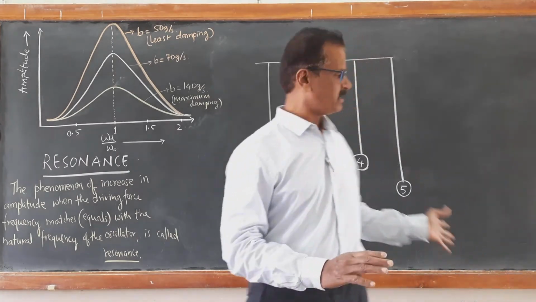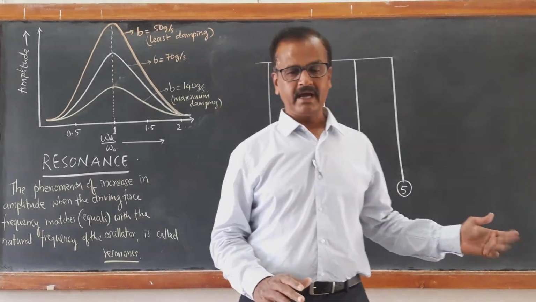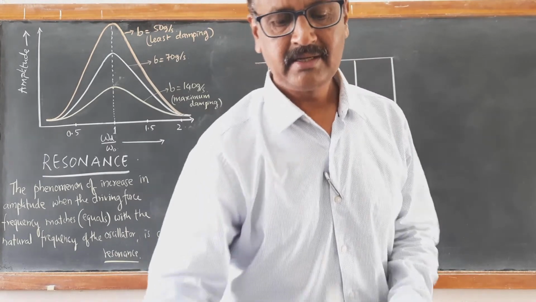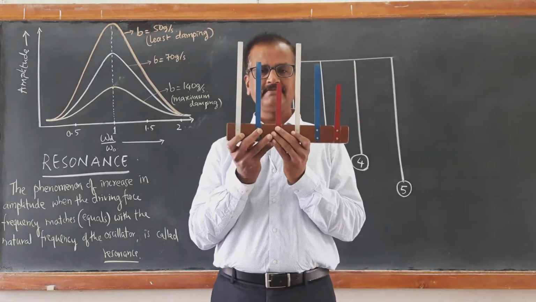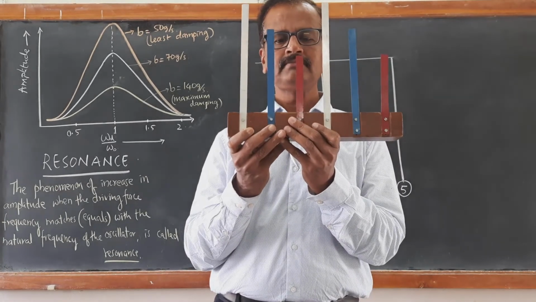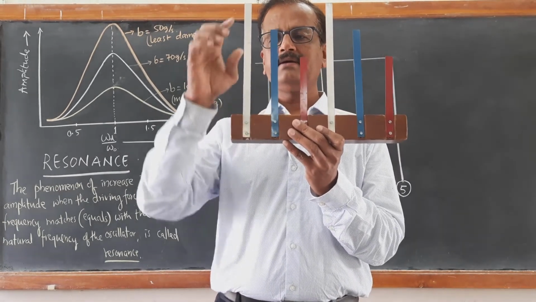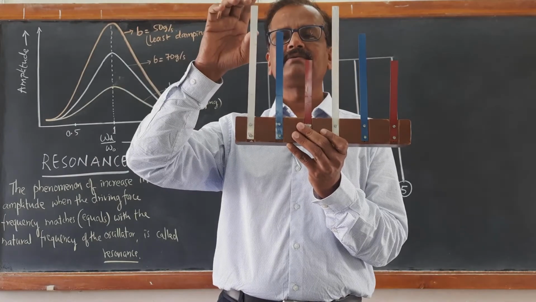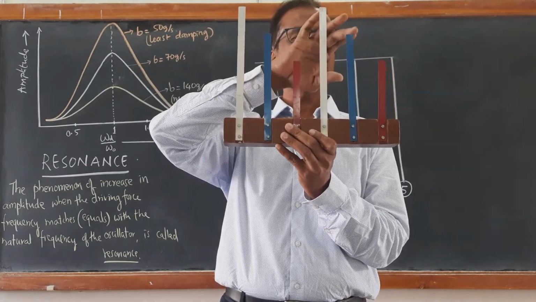See, this is a very interesting thing. I can demonstrate this with the help of a particular model here. You can see this is a model. I think all of you can see this. This model has metallic strips. 1, 2, 3, 4, 5, 6.